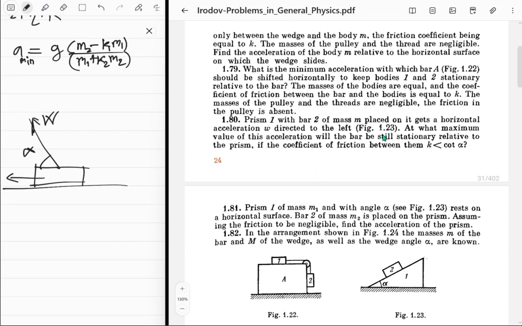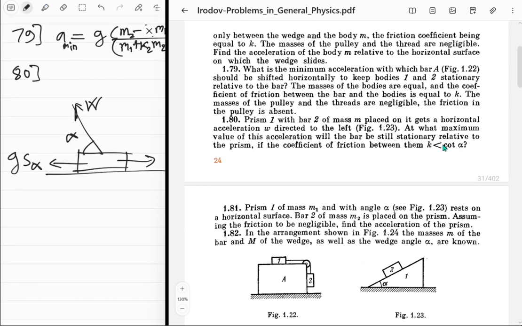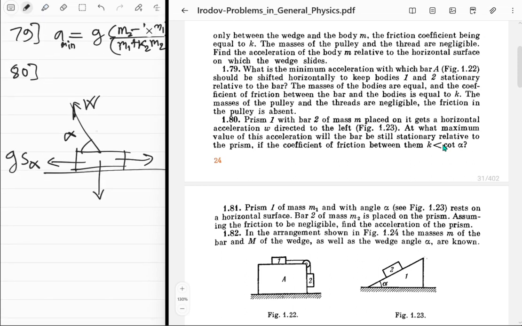Wait, what, 80, right? What maximum value of the acceleration will the bar be still stationary relative to the prism? So friction between this, k less than cot alpha, whatever. So friction is opposing this probably. The acceleration that's pushing it in is just g cosine alpha, and then it's the normal force and everything.